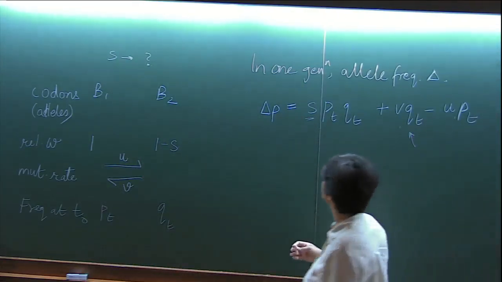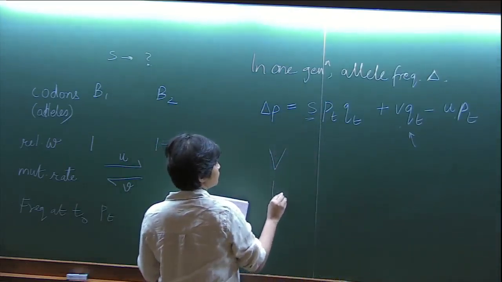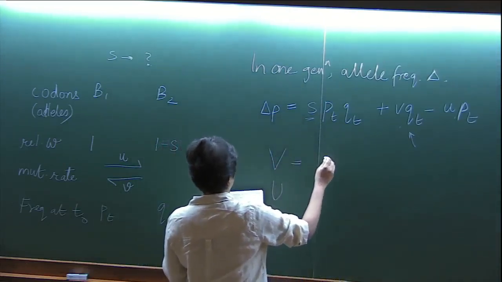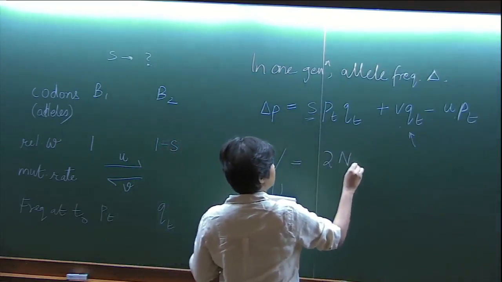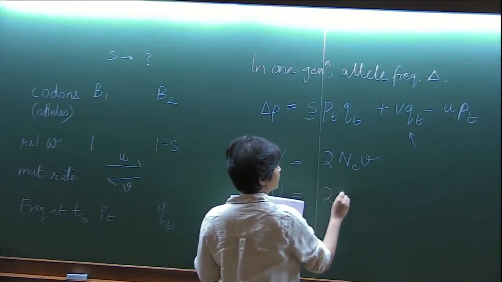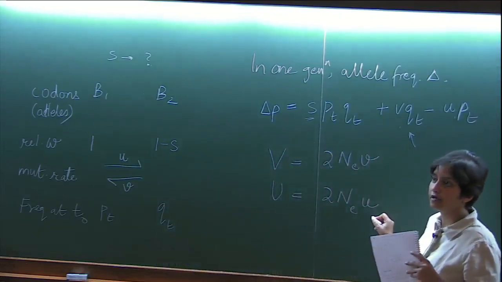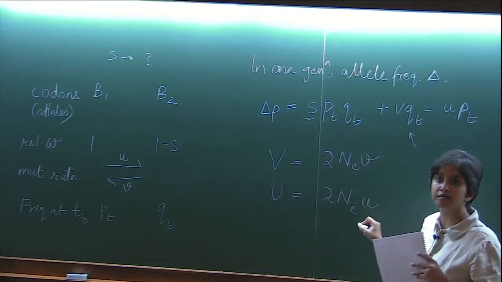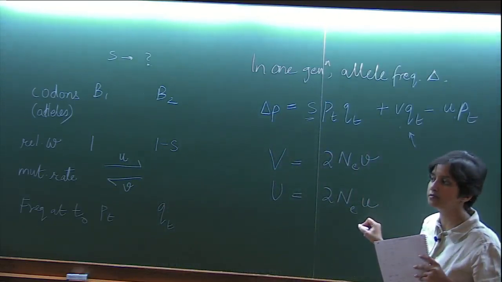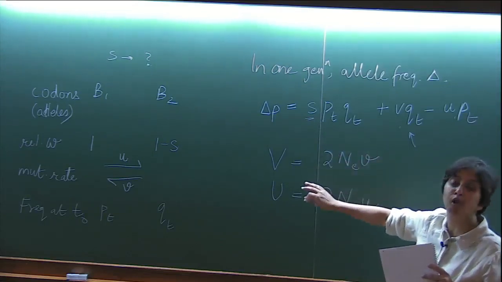Right? So he brings in population size now, and he declares these two new variables. Big V is 2NE V, big U is 2NE U. You guys all right with the intuition of why 2NE comes in? Why 2NE? We're considering a haploid case here.